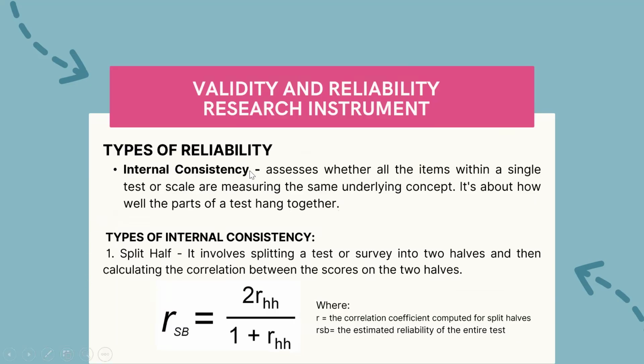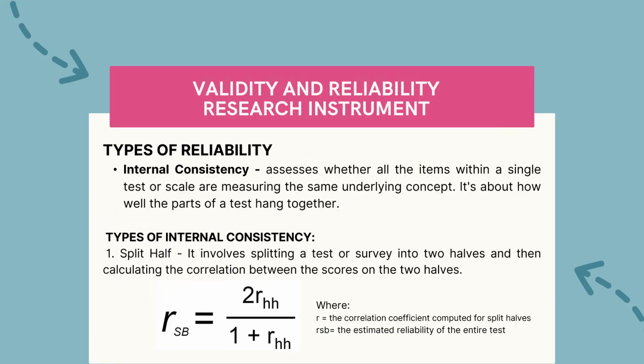Next, we also have internal consistency. So here, it assesses whether all the items within a single test or scale are measuring the same underlying concept. It's about how well the parts of a test hang together. Say, for example, you are surveying the study habits of students.